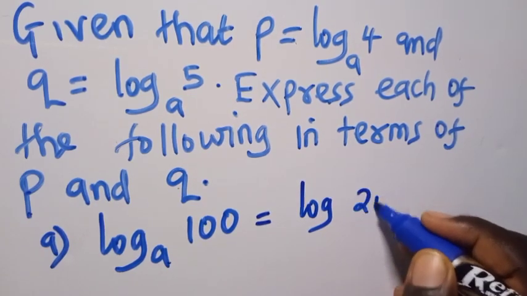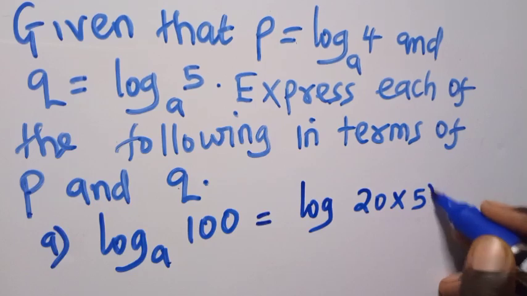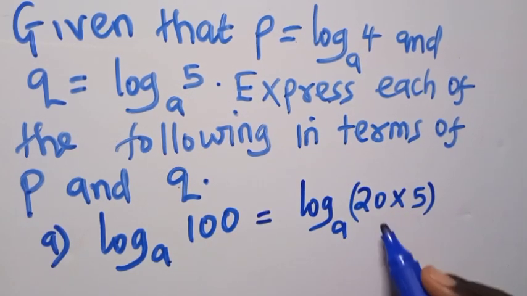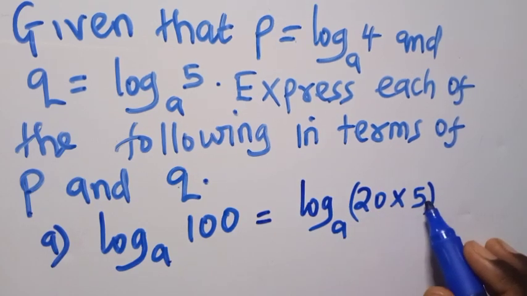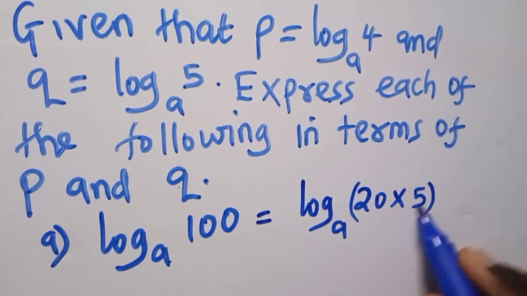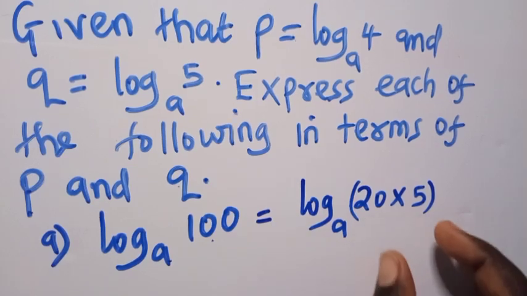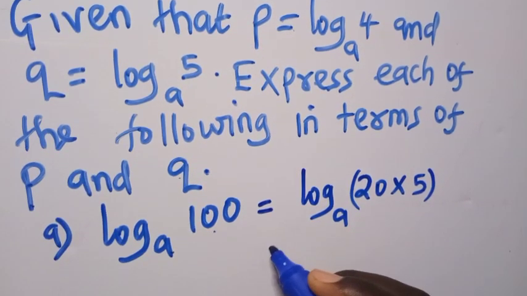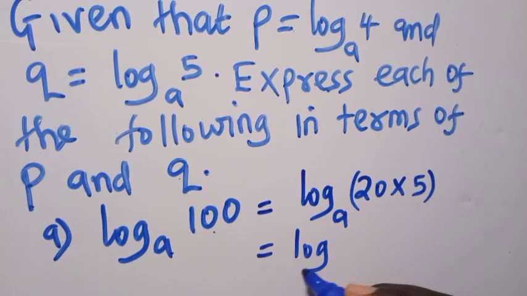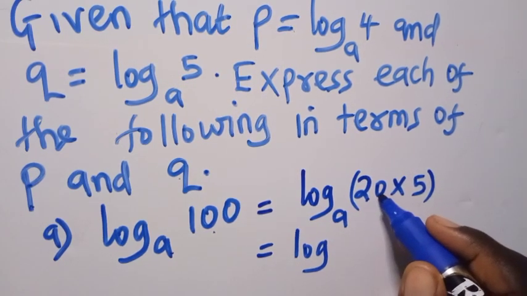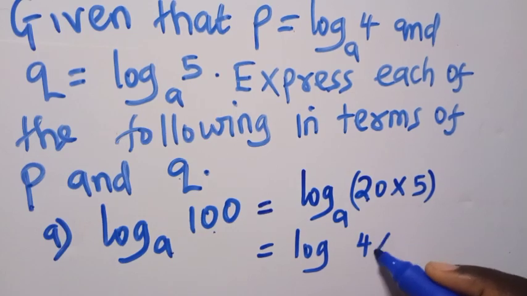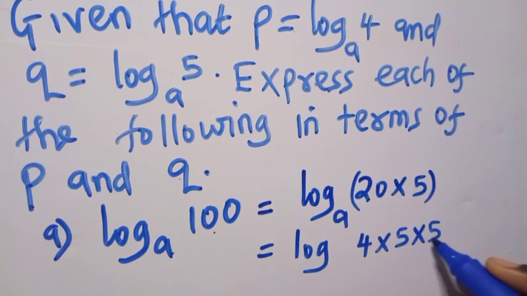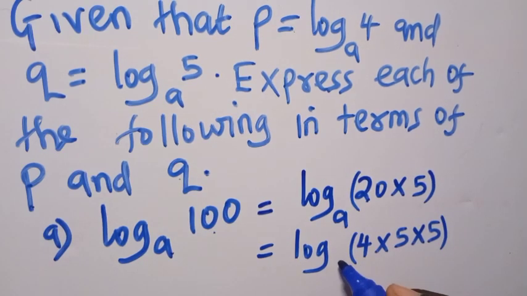Now, the logarithm of 100 to base a can be written as the logarithm of 20 times 5, to base a. Remember, 20 times 5 is 100, so I have not changed anything. Instead of 20, 20 can be written as 4 times 5, then we also have times 5 there, to base a.